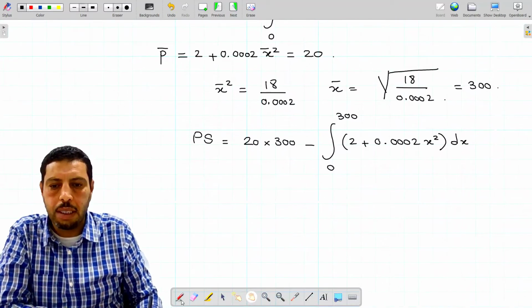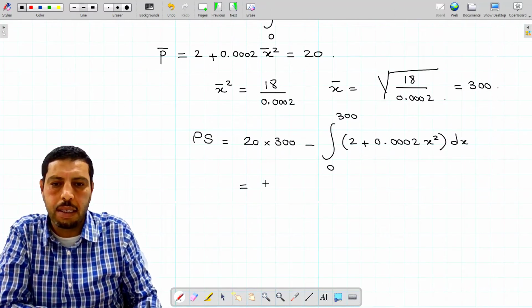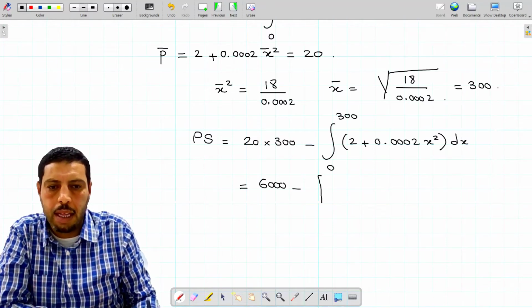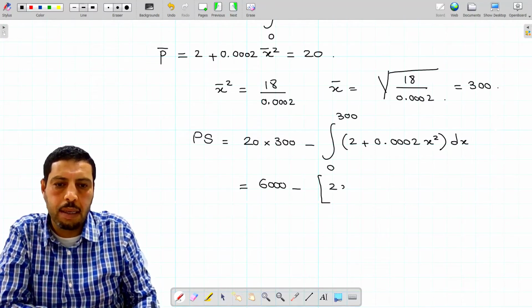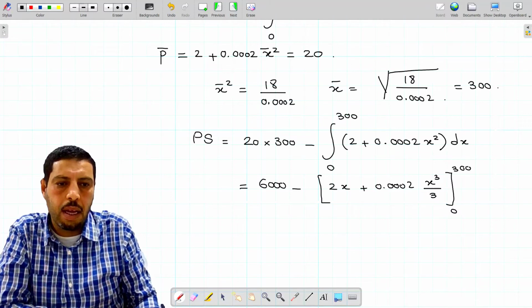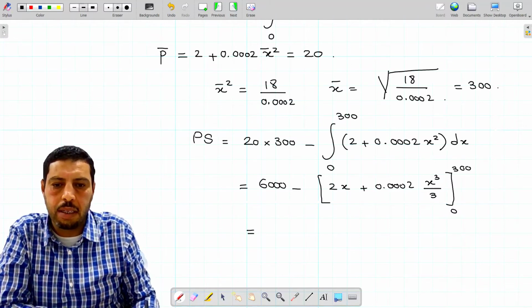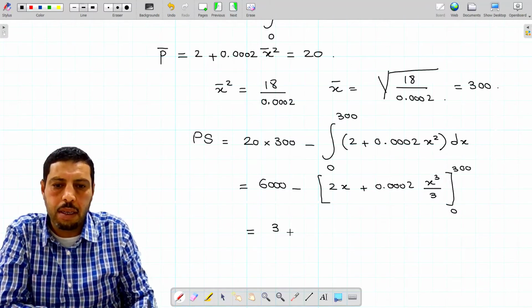You compute this quantity, so you're going to find 6,000 minus this integral, which is equal to 2x plus 0.0002 x cubed over 3 taken between 0 and 300, and as a final result you will find $3,600 as producer surplus.